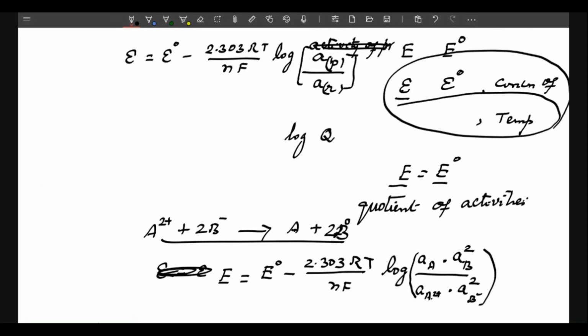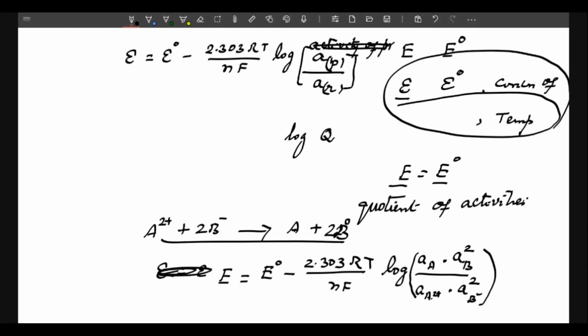And you may come across this type of problem in the equilibrium constant. Here also you are giving the concentration of the product by the concentration of the reactant. But there is one difference: there, the concentration is that of the product existing at equilibrium. But here, in the quotient calculation, the concentration or the activity we are going to substitute is not the equilibrium concentration. It is the concentration at the time of investigation.